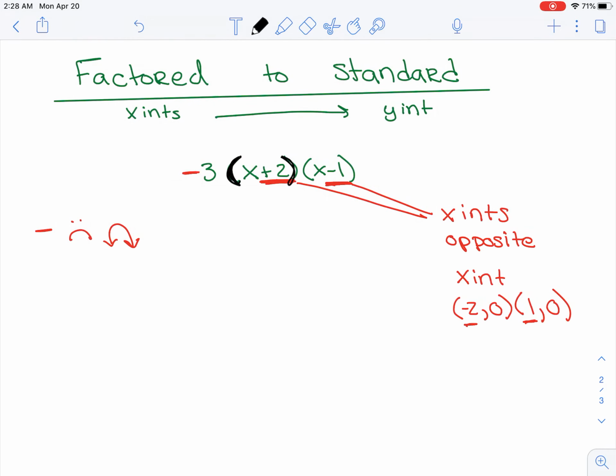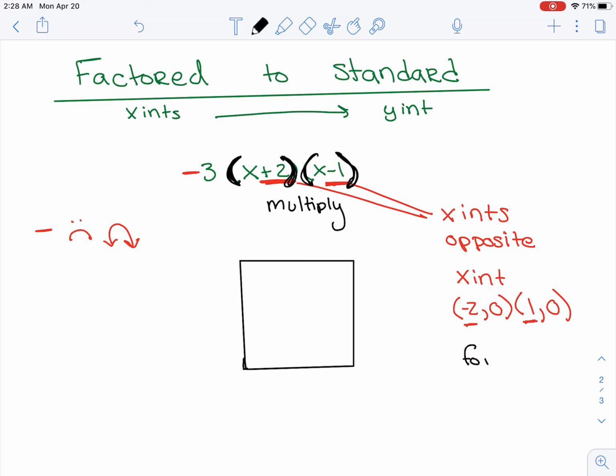Then, in January, we practiced if I give you parentheses next to parentheses. This means multiply, and when we multiply, we do it in a box. If you look up online help videos, it will probably tell you something called FOIL or double distribute.